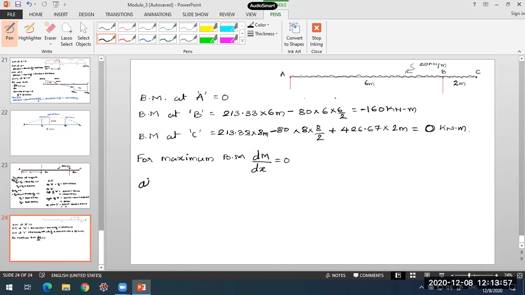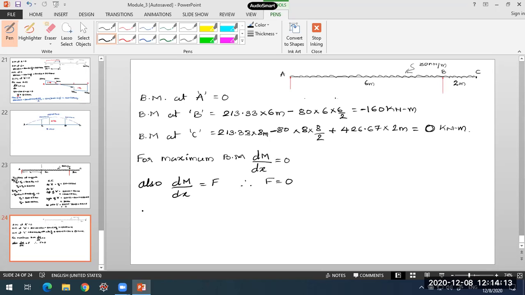But what we know is this dM upon dx is nothing but the shear force. Therefore, F should be equal to 0. Shear force at that point should be 0.